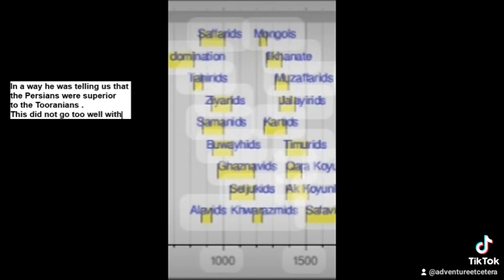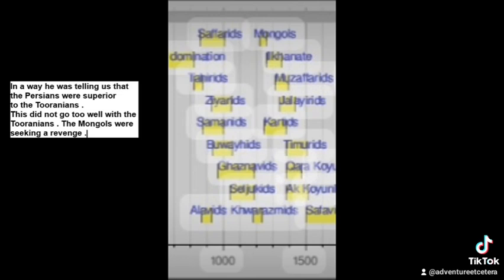As you can imagine, in a way, he was telling us that the Persians were superior to the Turanians. And this did not go too well with the Turanians. The Mongols were seeking a revenge.